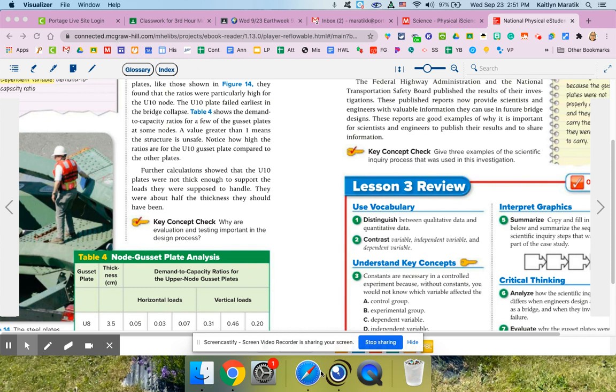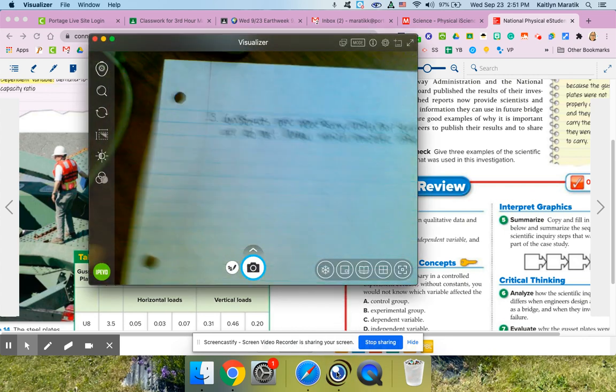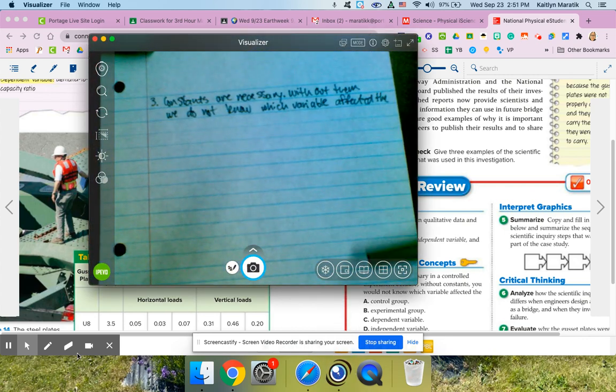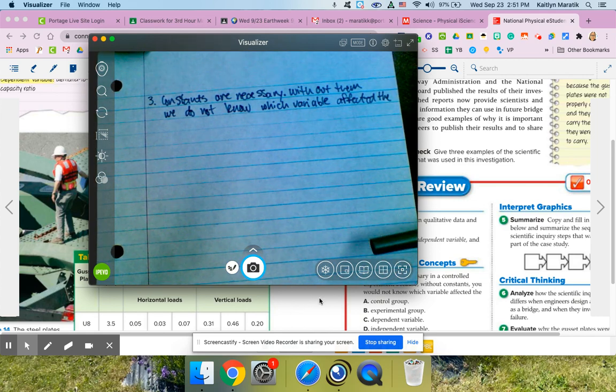Okay, so I've got that. I kind of summarized that question just so I have it on here. But then, so constants are necessary. Without them, we don't know which variable has affected the what.